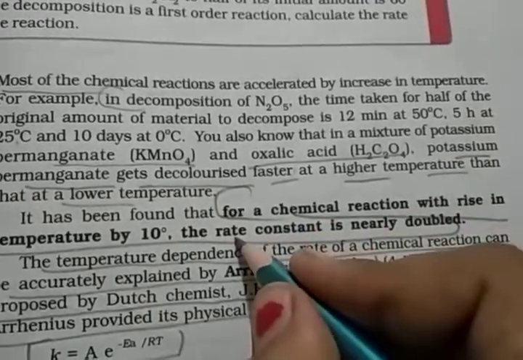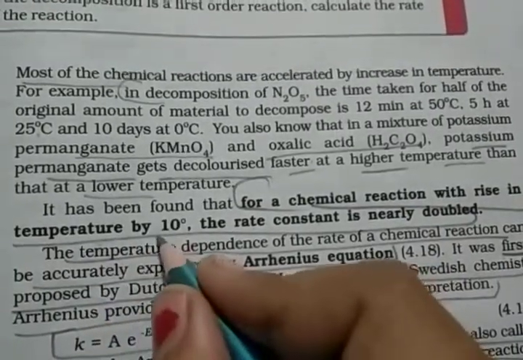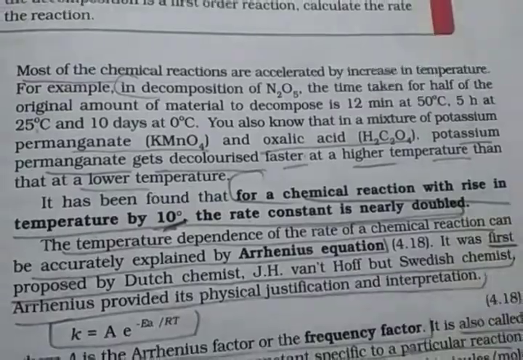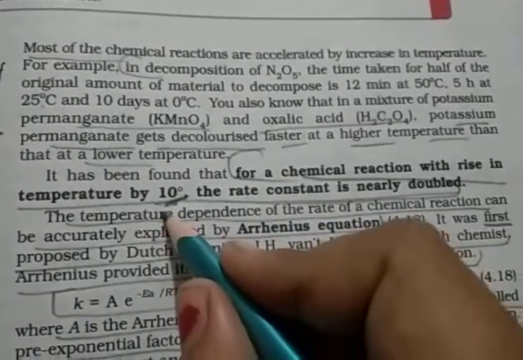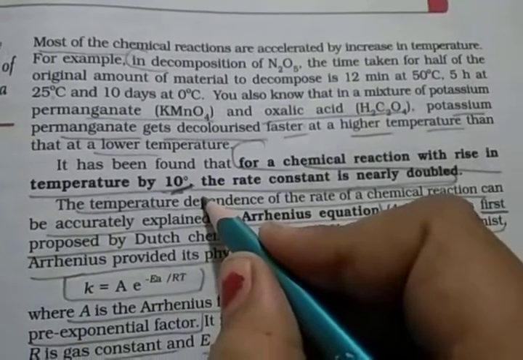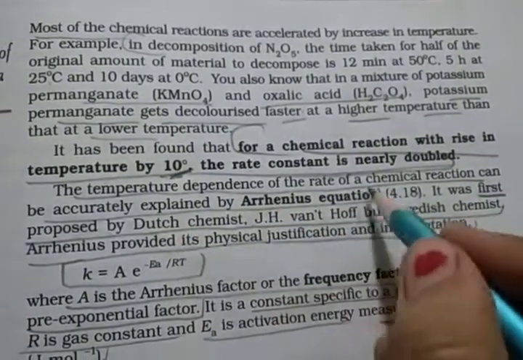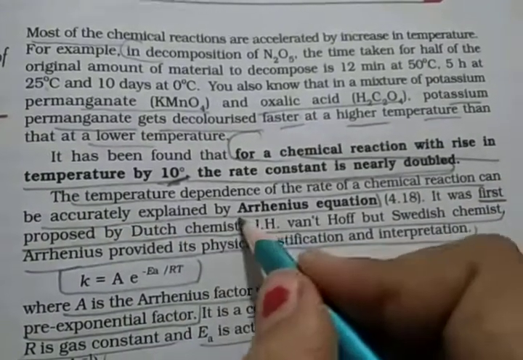We have found that for a chemical reaction, with a rise in temperature by 10 degrees Celsius, the rate constant is nearly doubled. The temperature dependence of the rate of a chemical reaction is accurately explained by the Arrhenius equation.